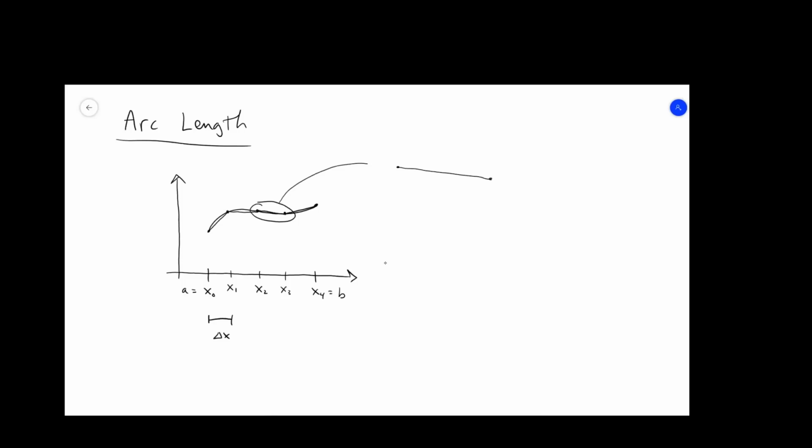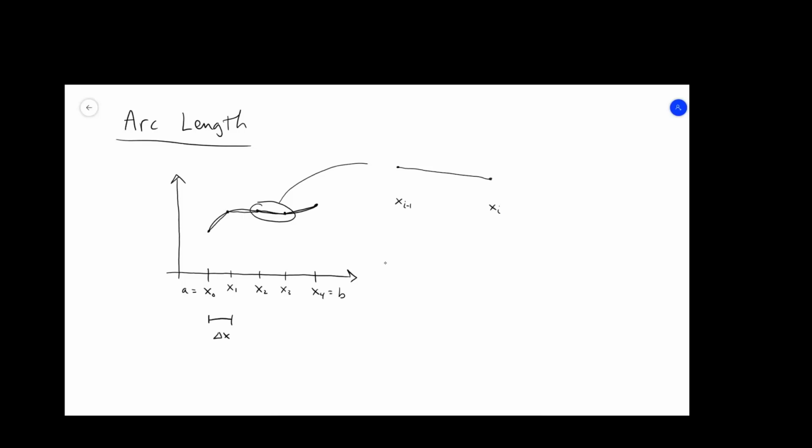I'm going to call this x sub i, just a general x value, so it could be any of these little subintervals. I think it's x sub i minus 1 and x sub i, yeah.